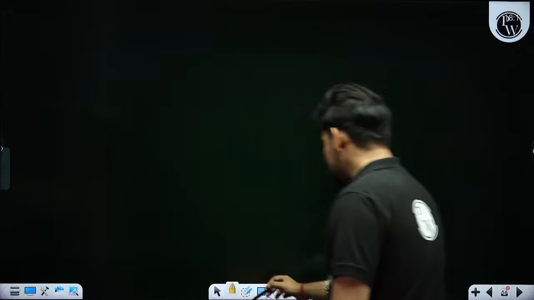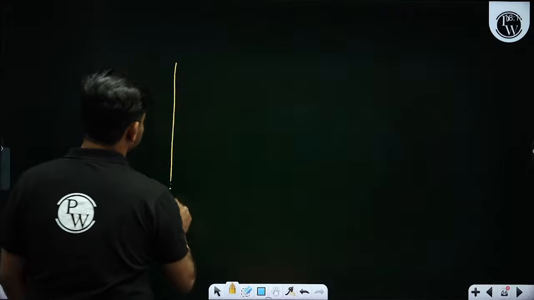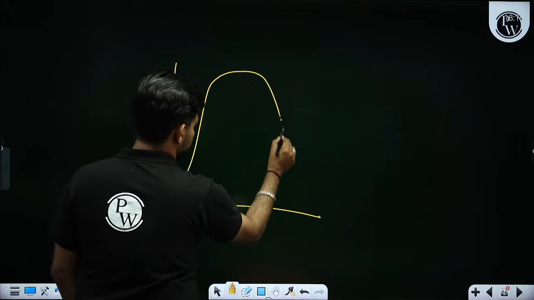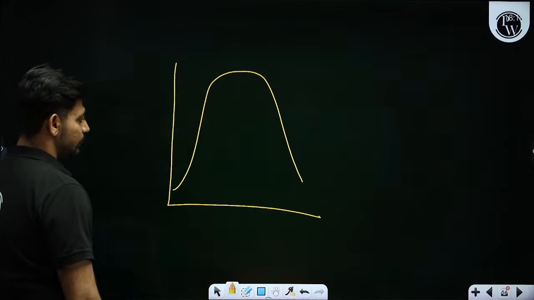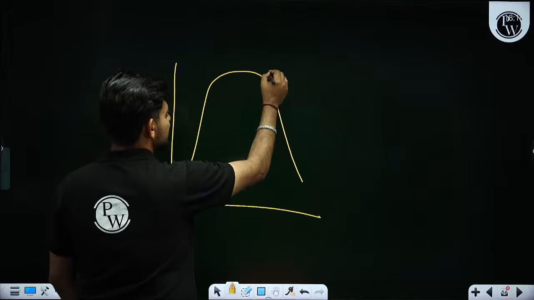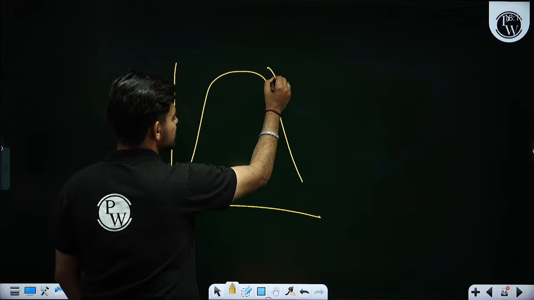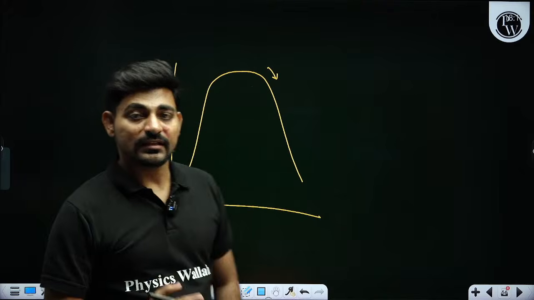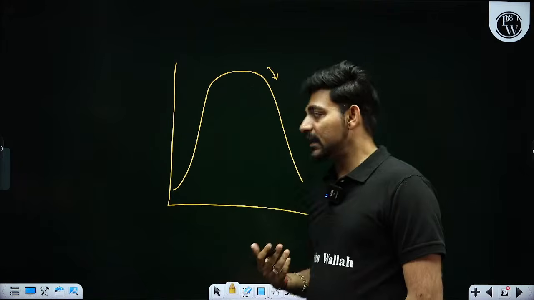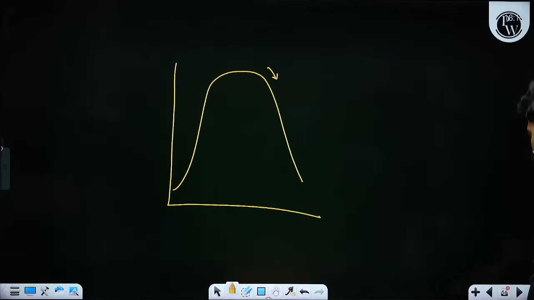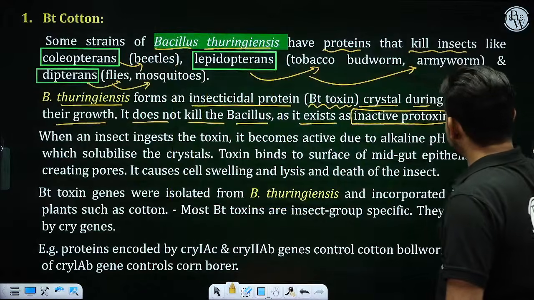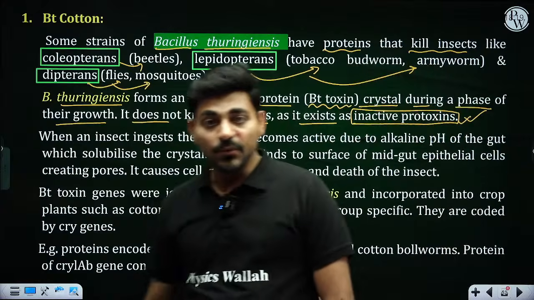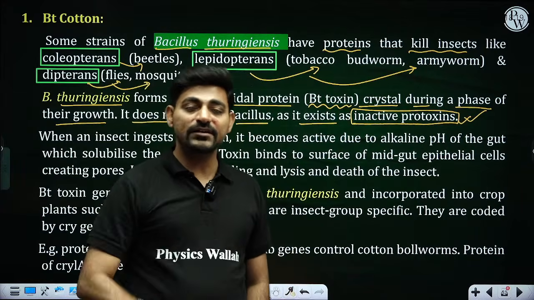So a special phase of their growth, when these Bacillus thuringiensis are dying, then they start producing this particular crystal inside their cells, and these toxins are produced as inactive protoxin, inactivated form of toxin.